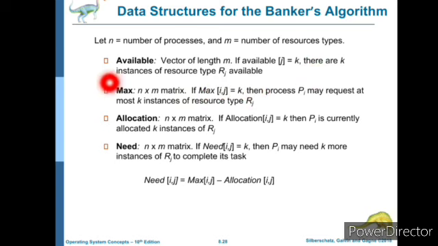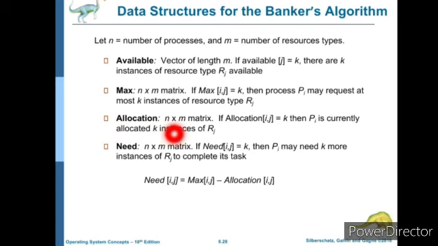Next we require the data structure Max. Max is an n cross m matrix that defines the maximum demand of each process. If Max[i][j] equals k, then process Pi may request at most k instances of resource type Rj. Next data structure we require is Allocation.